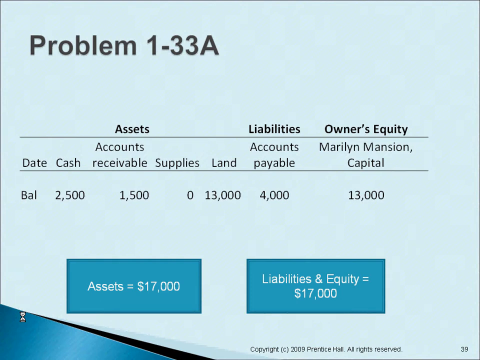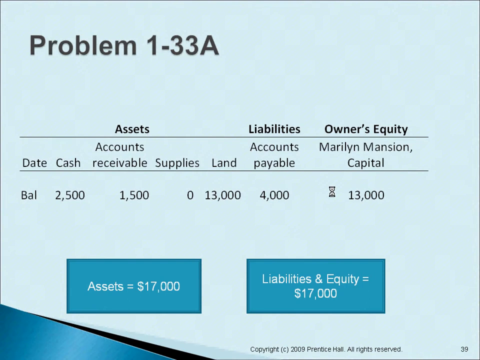You can draw yourself an imaginary line between the assets and the liabilities, because the top of that represents the accounting equation. For liabilities, she had $4,000 in accounts payable. And she had an investment in the business representing $13,000. So you can see that the 4,000 plus 13 equal 17,000. The accounting equation is in balance.